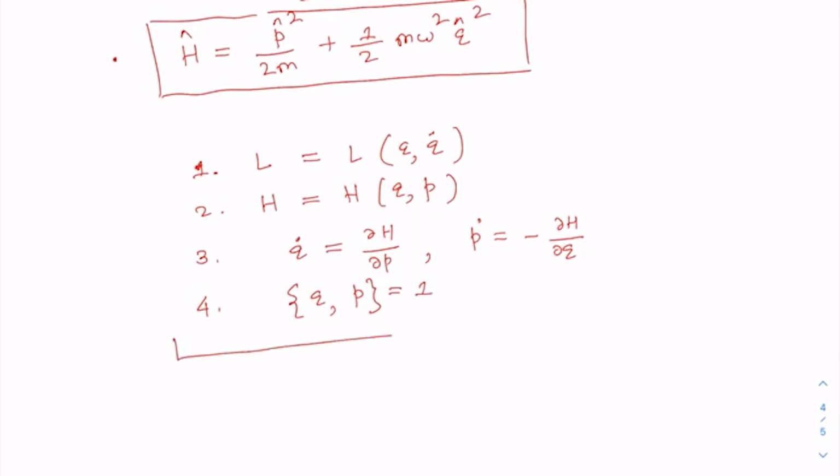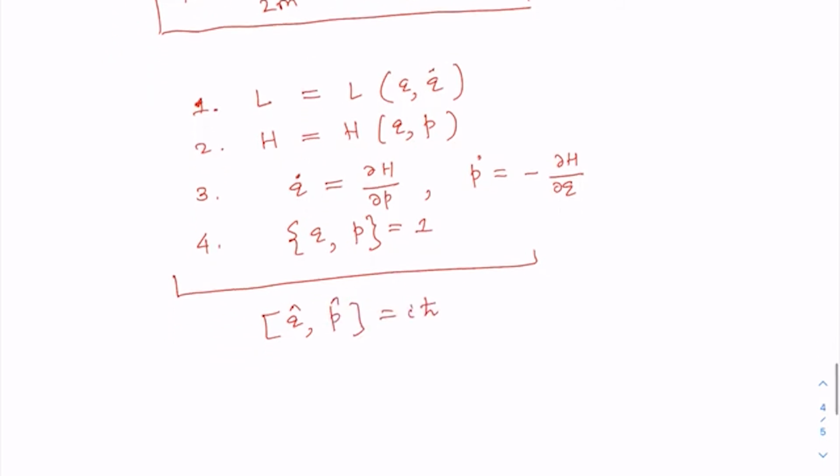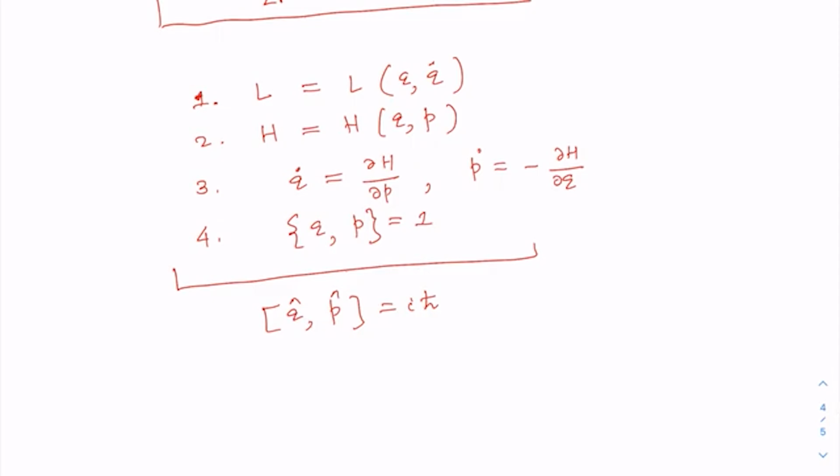And if we have all these things with us, then the next step is just to replace them by the corresponding operators, and they will satisfy this commutation relation, and the Hamiltonian H and everything would be replaced by the corresponding operators. This is the general procedure that we are going to apply for any classical system. Later on in our course we'll see that we are going to quantize the so-called LC circuit.